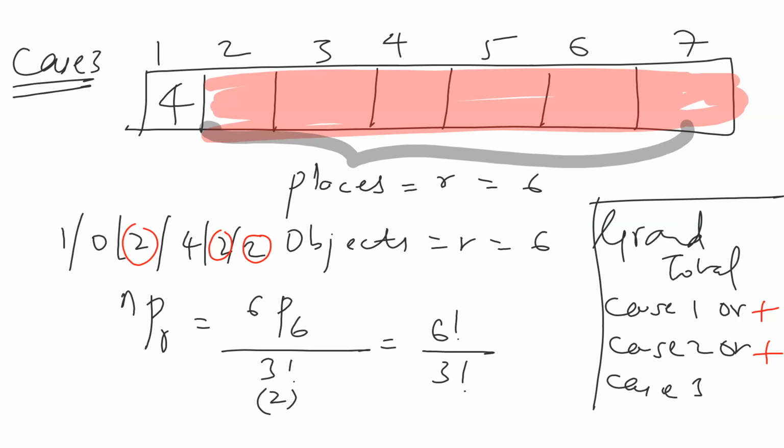Okay. Remember, this 2 is getting repeated thrice. It's an identical object, the same object getting repeated thrice. Hence, I have written upon 3 factorial.